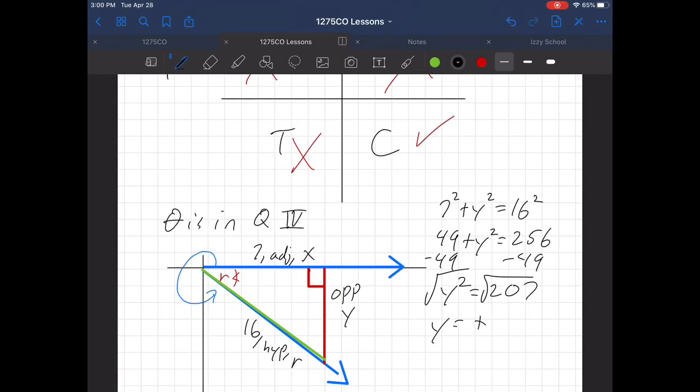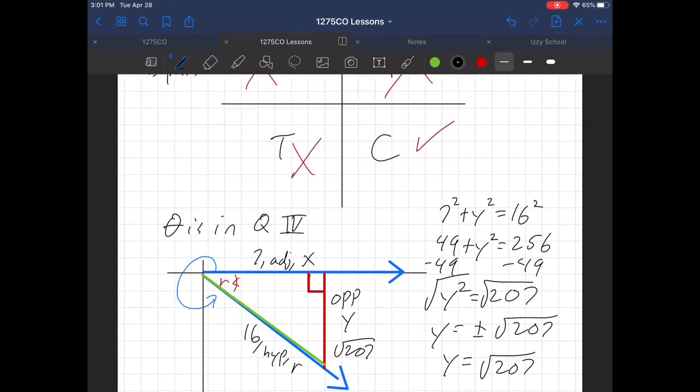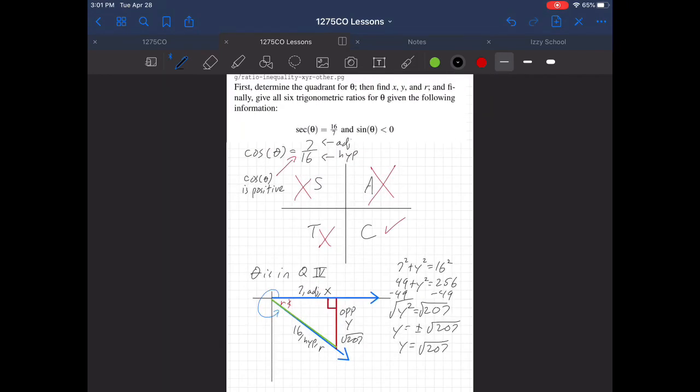That means y is equal to positive or negative radical 207, and we are only using the positive side because this is the side of a triangle. So radical 207. So x is equal to 7, y is equal to radical 207, r is equal to 16, which answers this portion of the question up here.